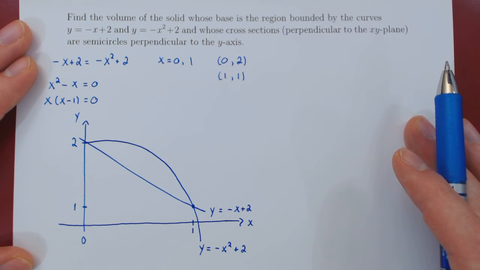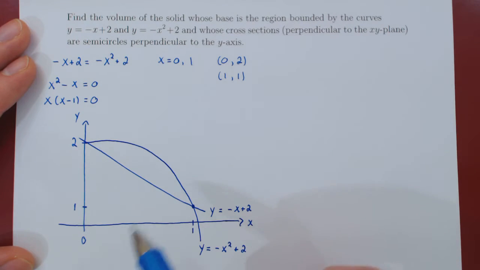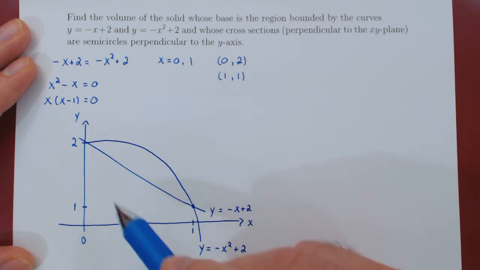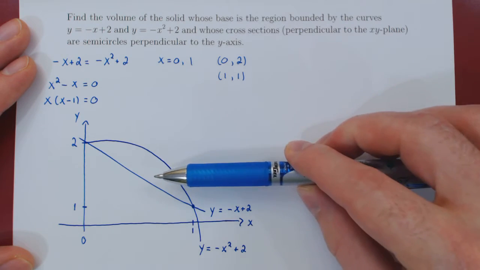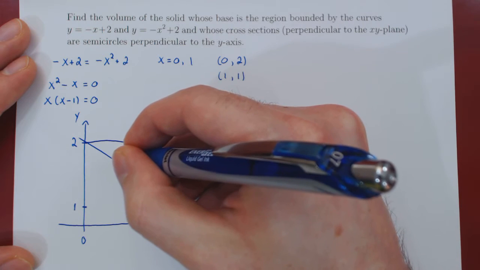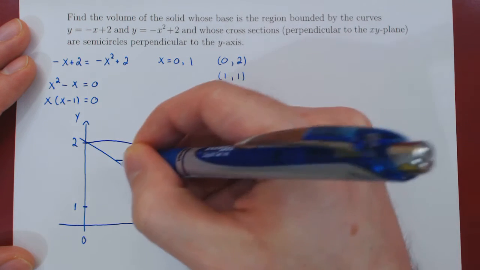And now we're saying that if we take a thin slice of our solid in a way that's perpendicular to the xy plane and now perpendicular to the y-axis, so we're cutting through a thin slice of our solid this way, the base of our slice will be a thin, now horizontal rectangle.